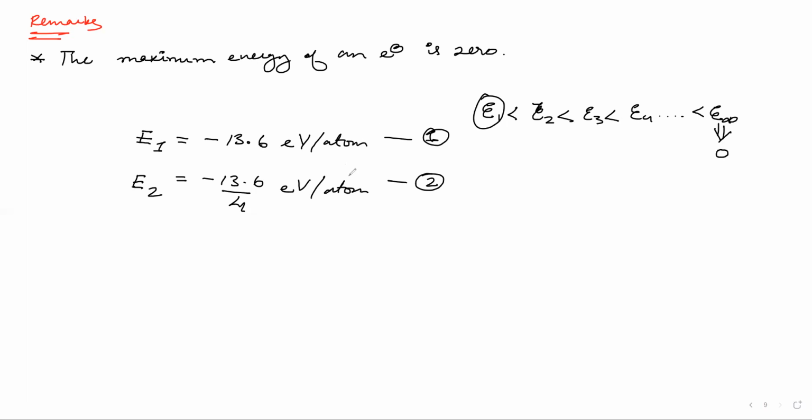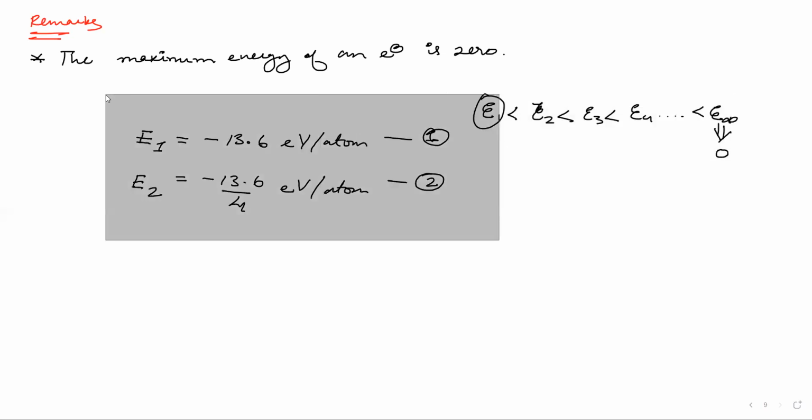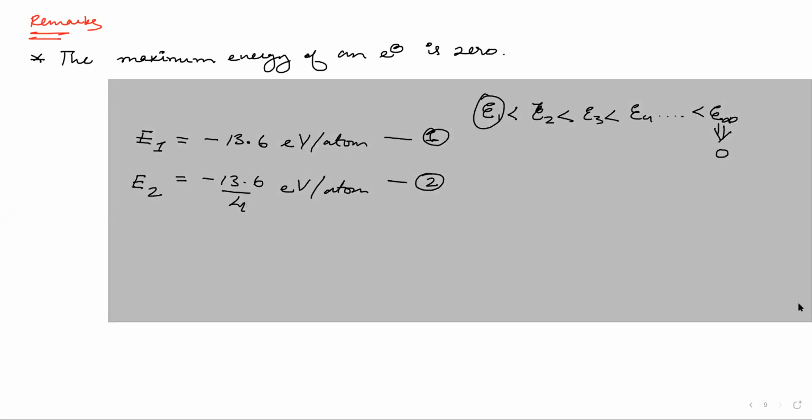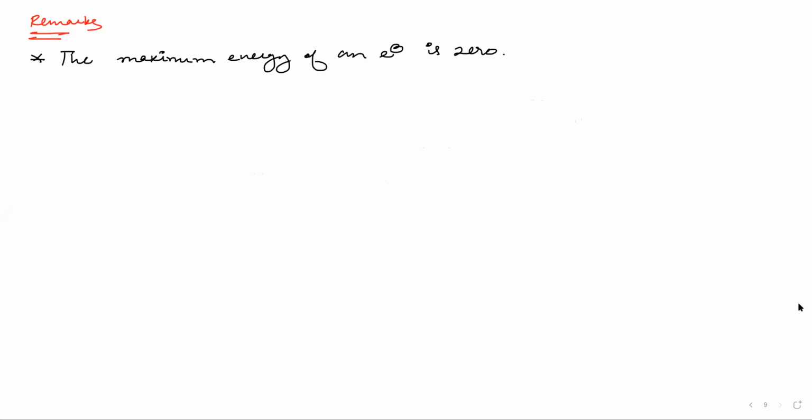The whole change in energy I will teach you in the second chapter, the first principles of chemistry, which will help you in deciding many things. But at the end, the maximum energy of an electron is 0.